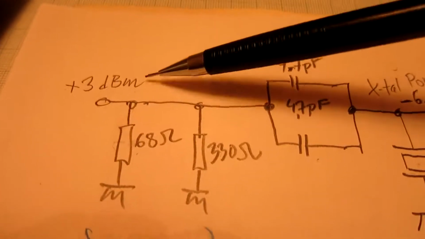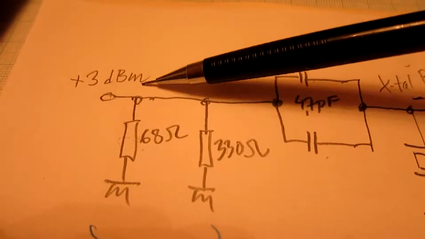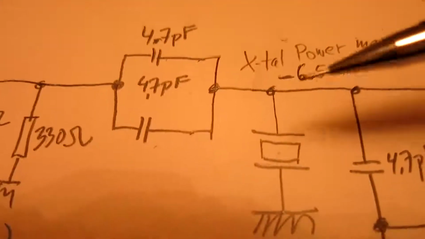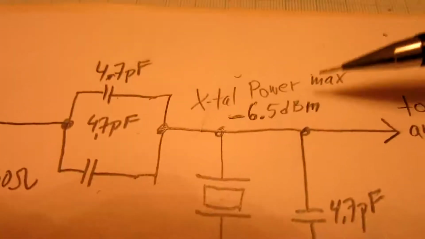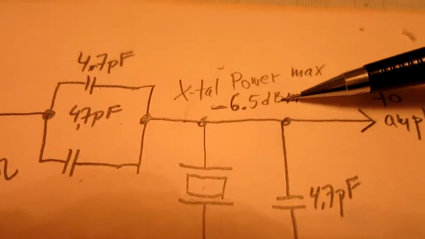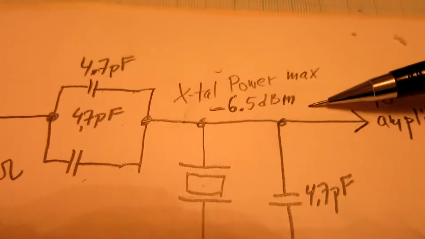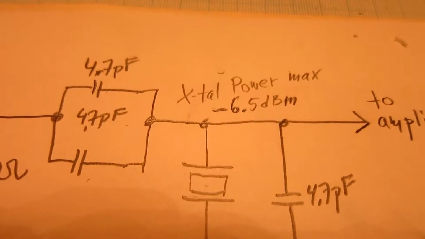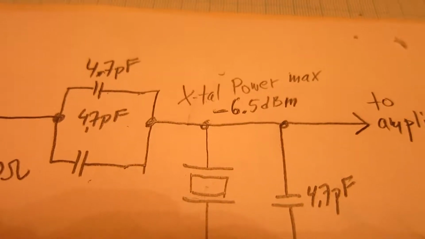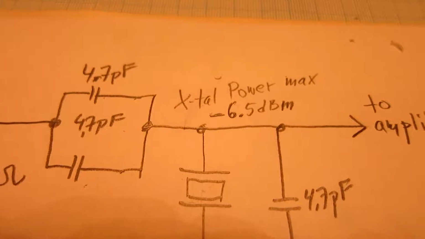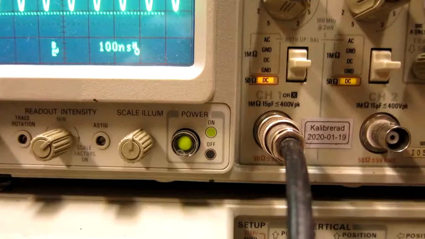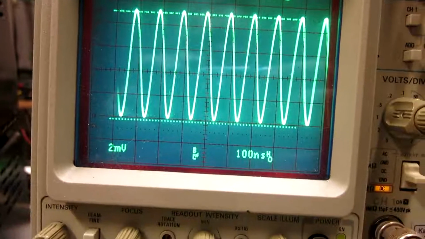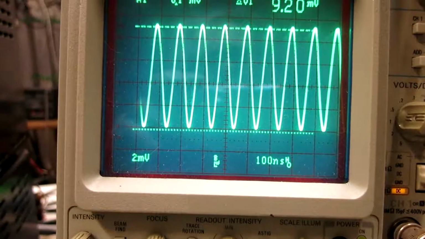With plus 3 dBm input power and 11.3% of the power dissipated in the crystal, the load on the crystal, the power dissipated in it, will be minus 6.5 dBm. I don't know what the datasheet might say, but maybe a bit less than this, I don't know. Into 50 ohms, the signal level is then 9.2 millivolts peak to peak.